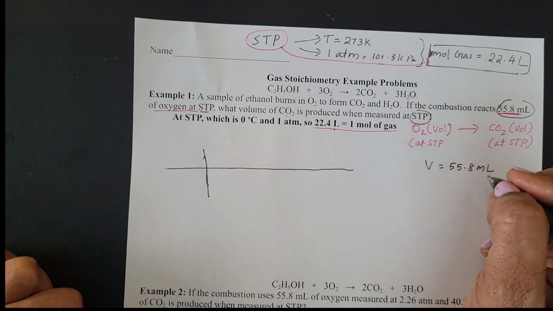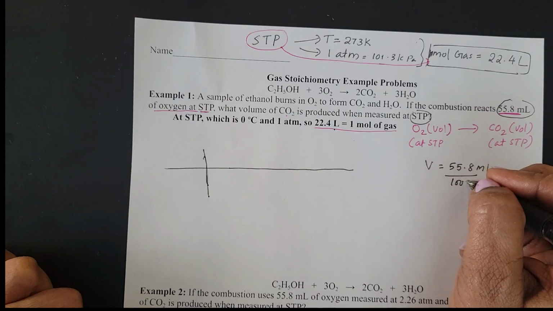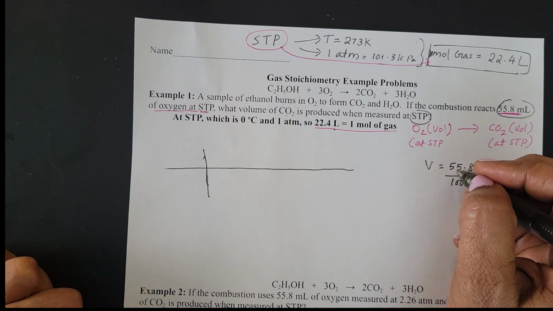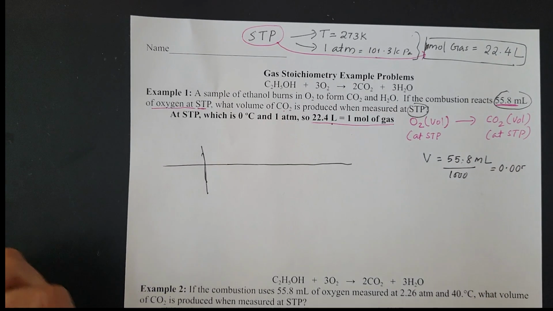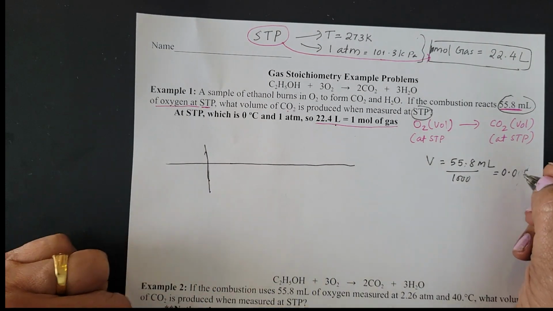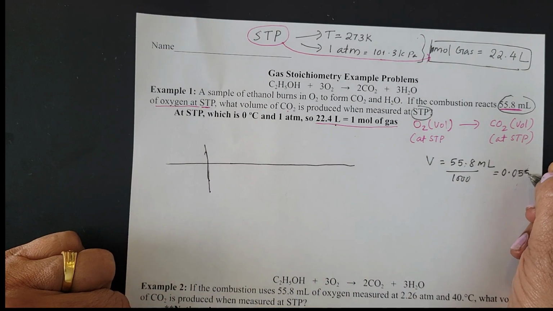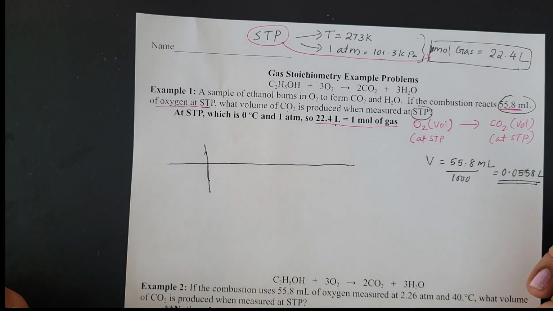So you are going to convert this into liters. We know that by dividing by 1,000. So basically you are moving the decimal 3 times, which is 0.0558 liter. So you have to start from that value.